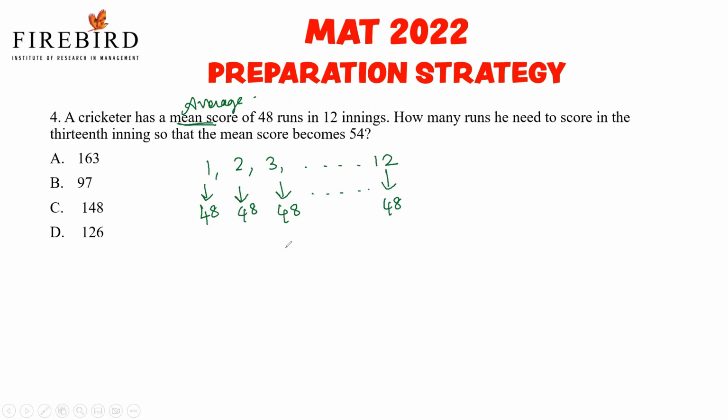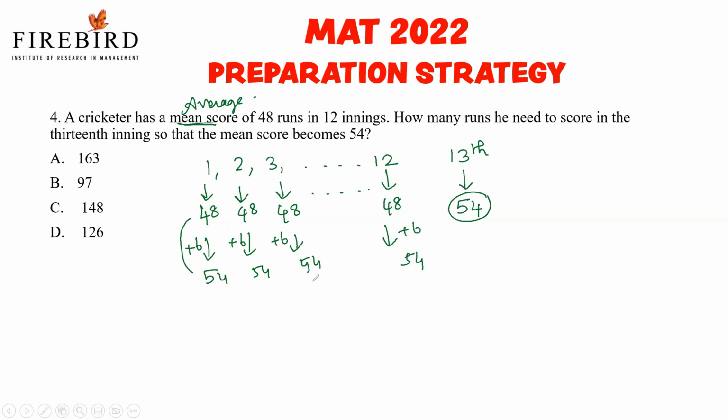If he plays the 13th inning, his average becomes 54. At the end of the 13th inning, all his 13 innings average will change to 54. So 13th inning and 48, that is, his average increases by 6.